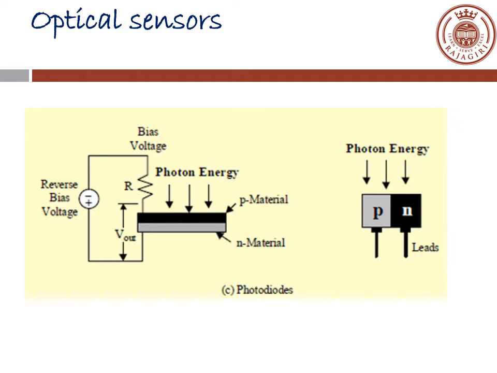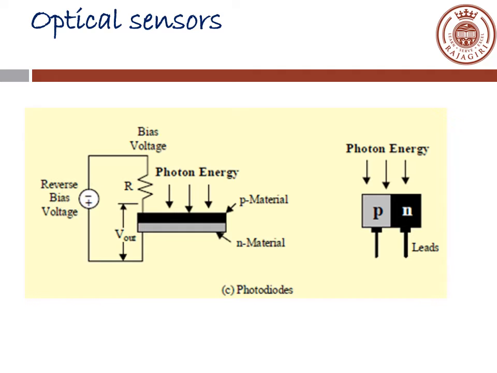Now, when this junction is illuminated with light, what happens is that if the photons striking the junction have sufficient energy, they will create electron-hole pairs.